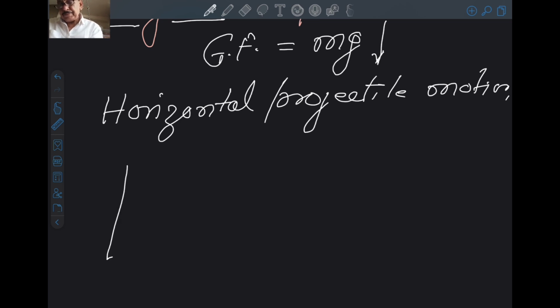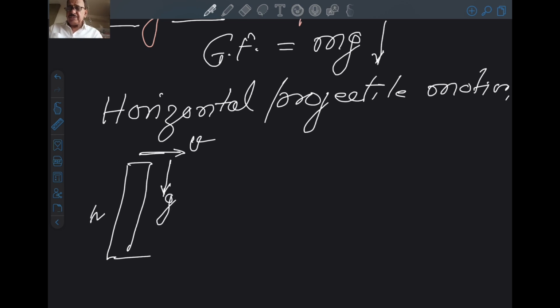Let that height be h. And we project it here, in general, horizontally with velocity v. We know that in projectile motion there is only one force, towards downward, and that is the gravitational acceleration g.